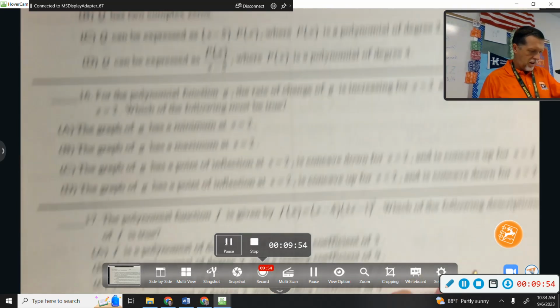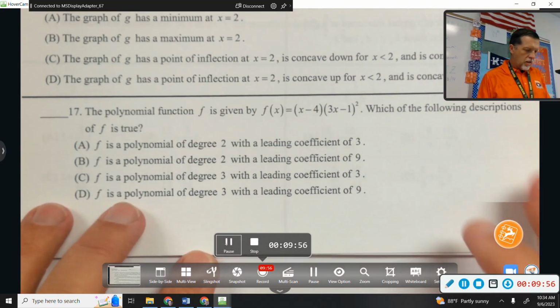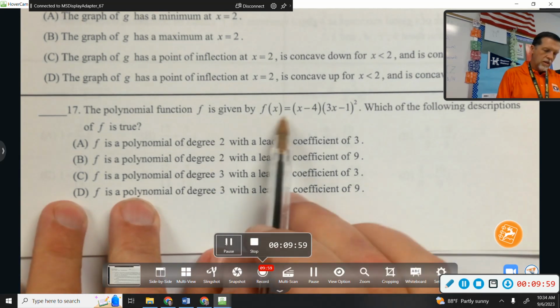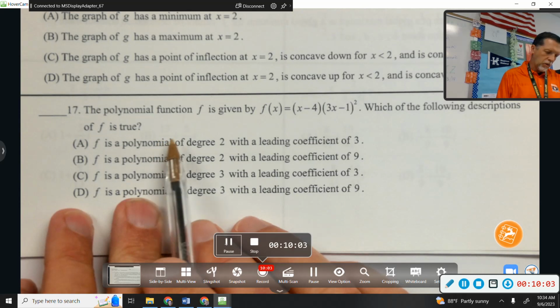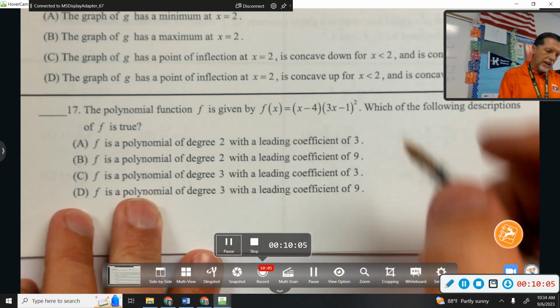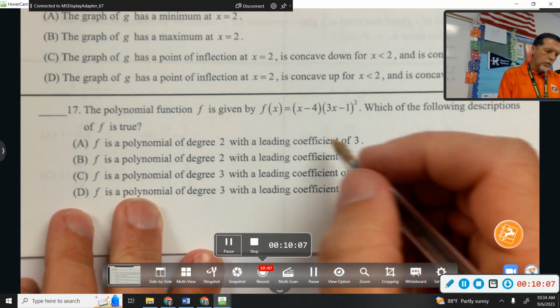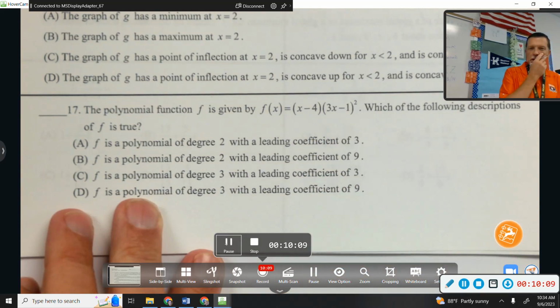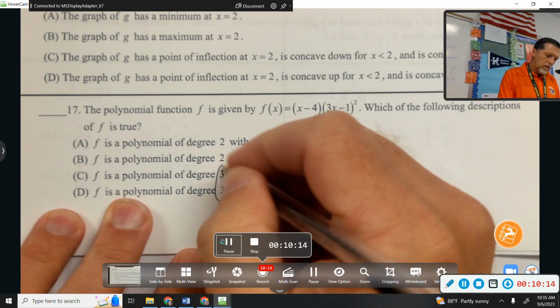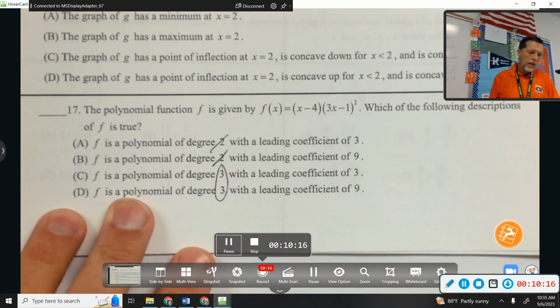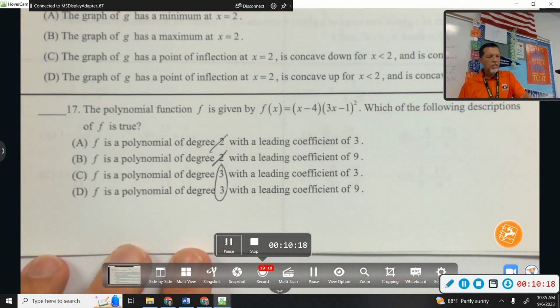17. More polynomials. Which of the following statements about f is true? Okay, if I multiply that out, how many x's would I have? 3, because this one's squared. So definitely degree 3. Lead coefficient, 3 or 9? You multiply this 3 by 3.